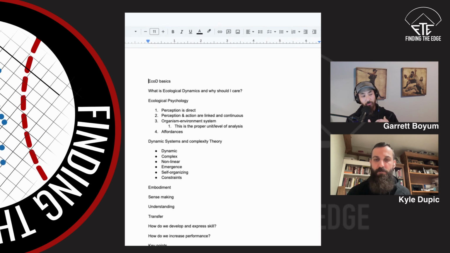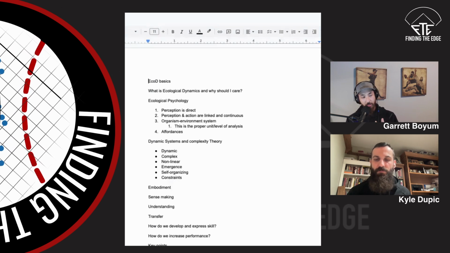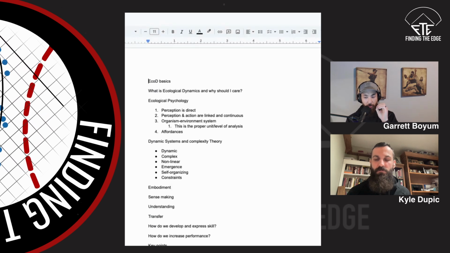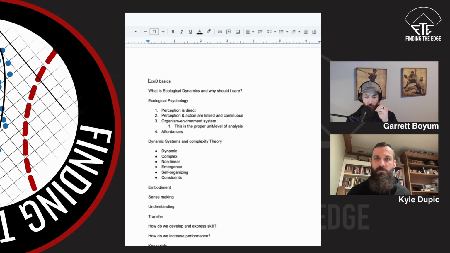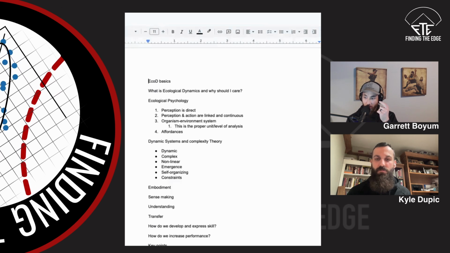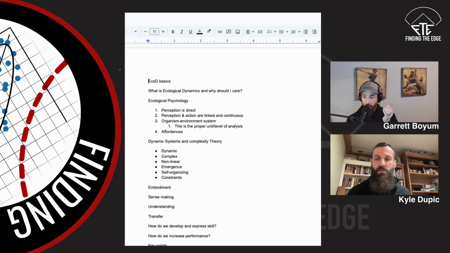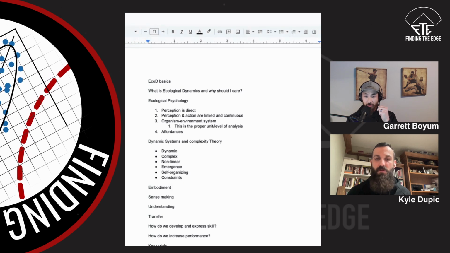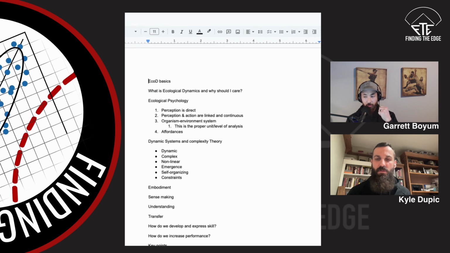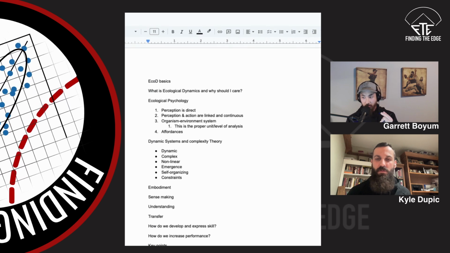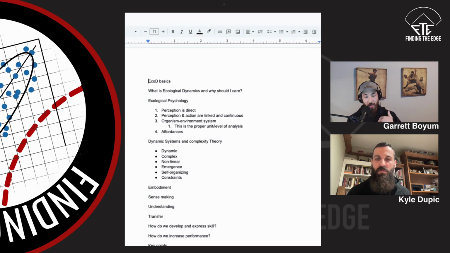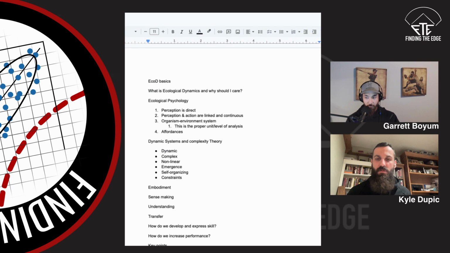That is one of the fundamental things that makes ecological dynamics different. It is the primary way those using an ecological approach think about sport performance and its development: there is a mutual, reciprocal relationship between the athlete and the environment around them, constantly influencing each other. The athlete influences the environment and the environment influences the athlete.